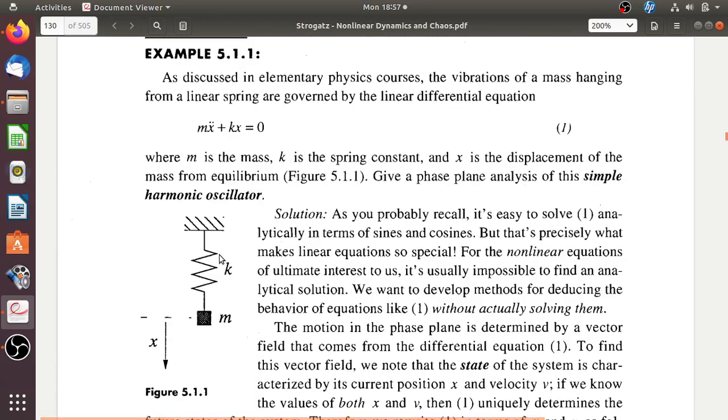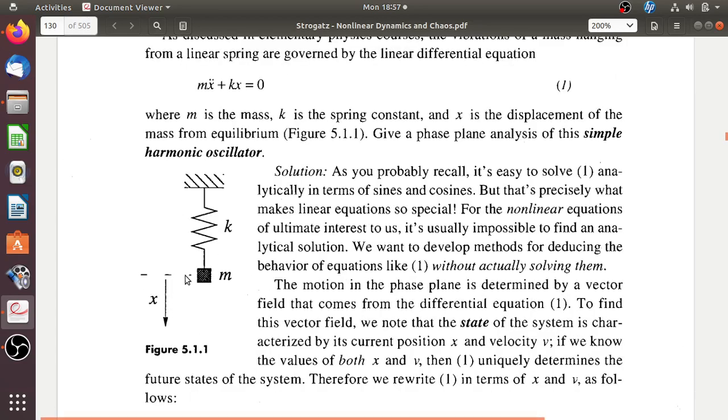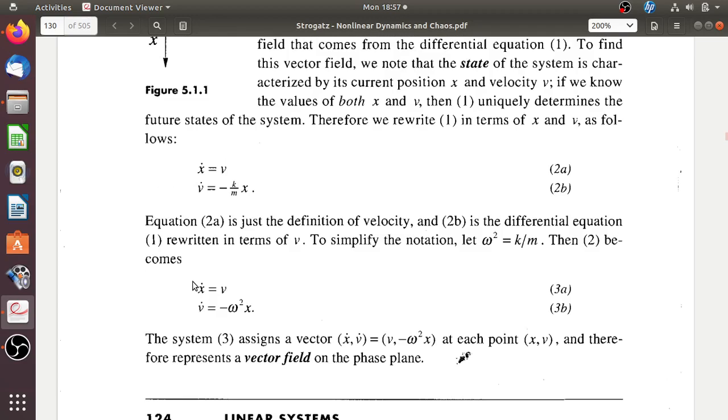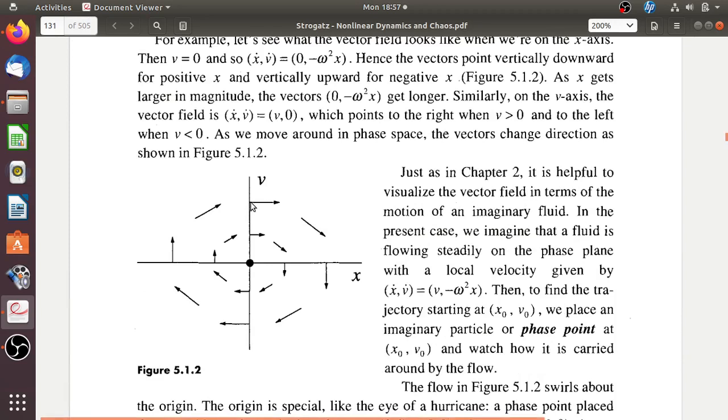It means, again in this picture, the displacement is 0, which means it's exactly at the neutral position, but it's moving. The velocity is not 0, the mass is moving at that particular instant of time. So that's what this particular point represents.